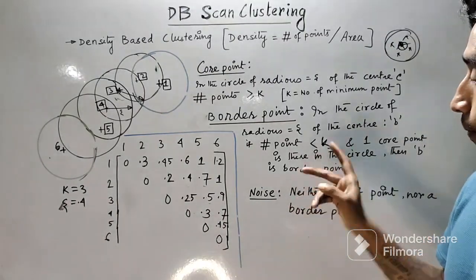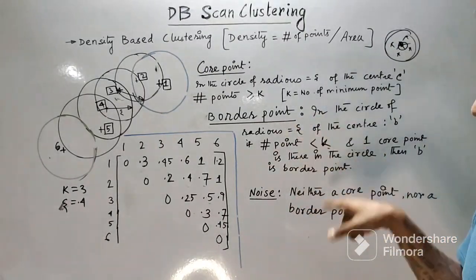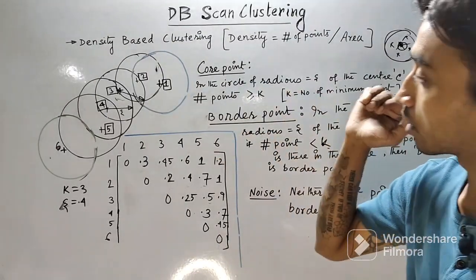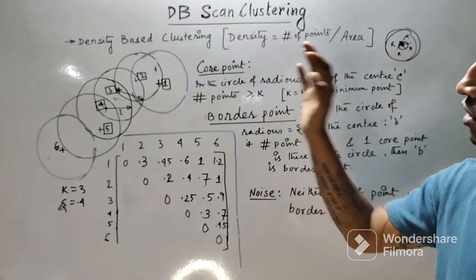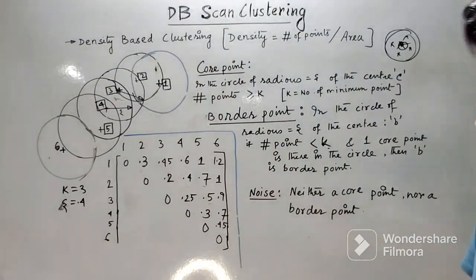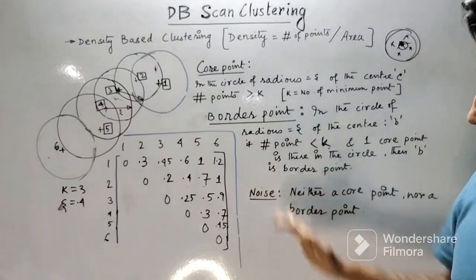If you have drawn a circle that satisfies neither the condition of a border point nor the condition of a core point, then it's noise. These are the three terminologies.